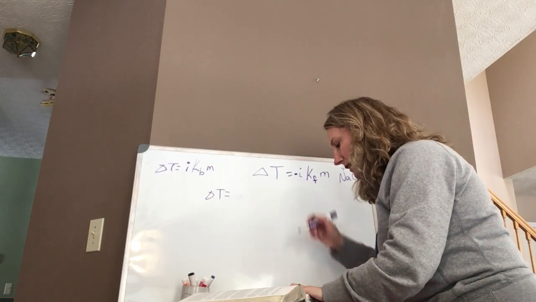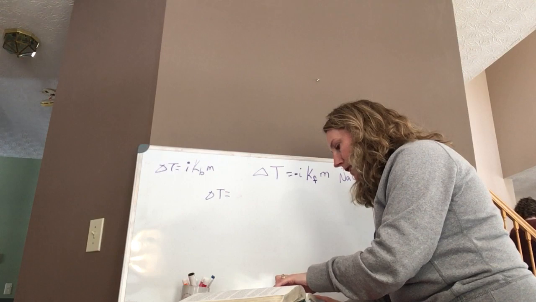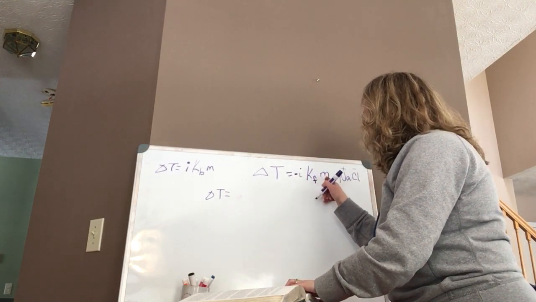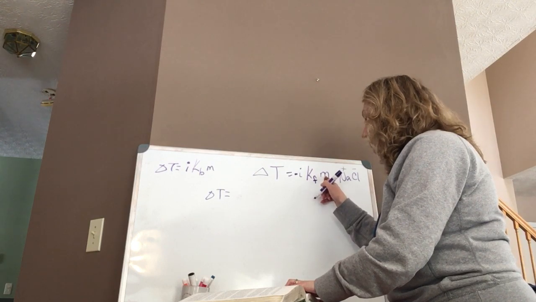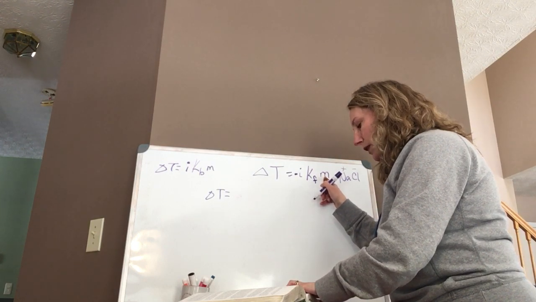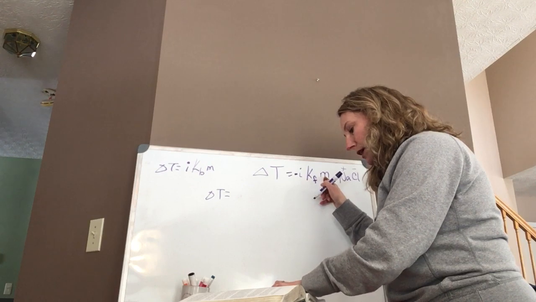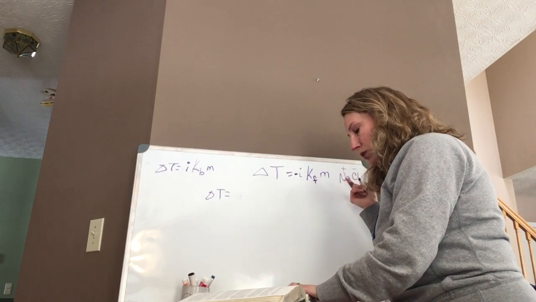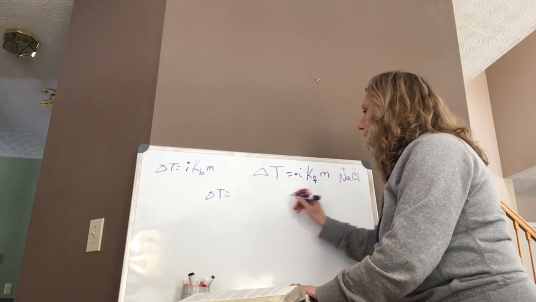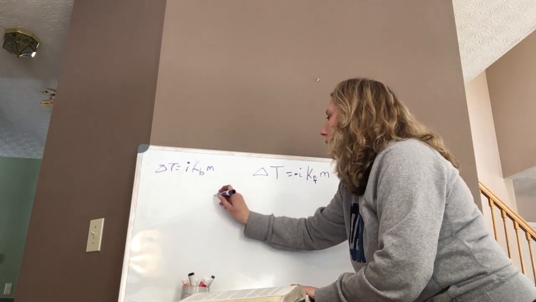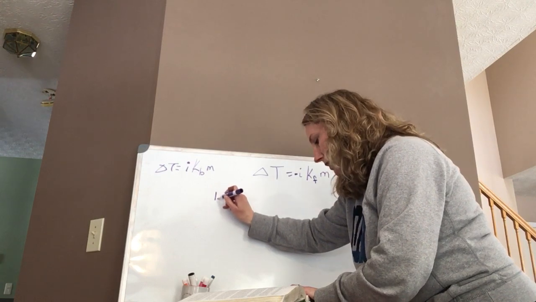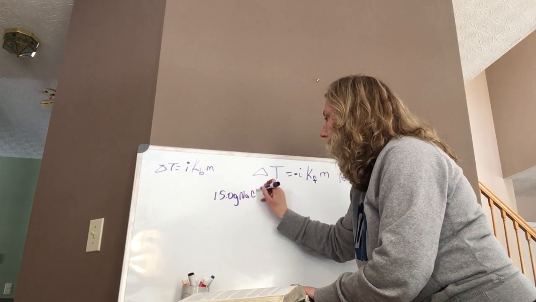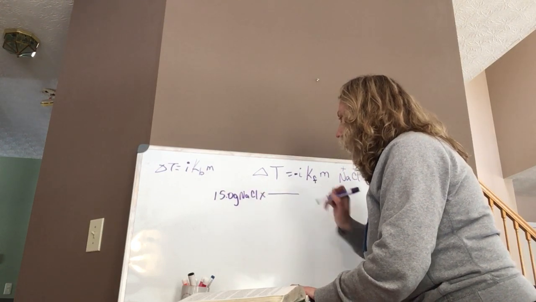So let's do this, that's going to be big. All right, so first we had to figure out the molality, this is how many moles per kilogram. They gave us the grams of water, and so we have to figure out how many moles of sodium chloride we have. So let's do that first. If we have 15.0 grams of sodium chloride, first we got to find out how many moles we have.